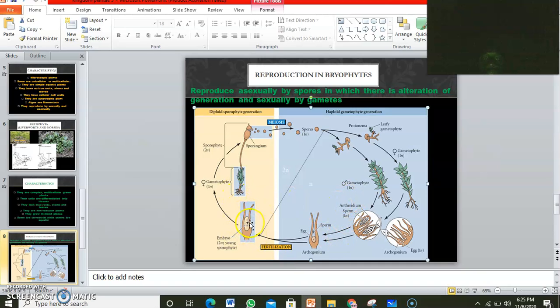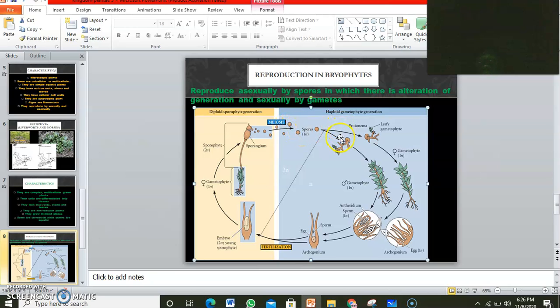So the zygote is fertilized, giving us an embryo, and the embryo develops and germinates into a sporophyte. This sporophyte will produce spores, and these spores are made up of male and female ones. Let me put it that way so you understand it better. Each spore will grow into a male or female plant.